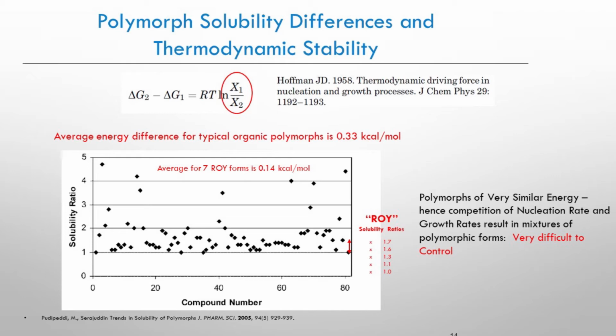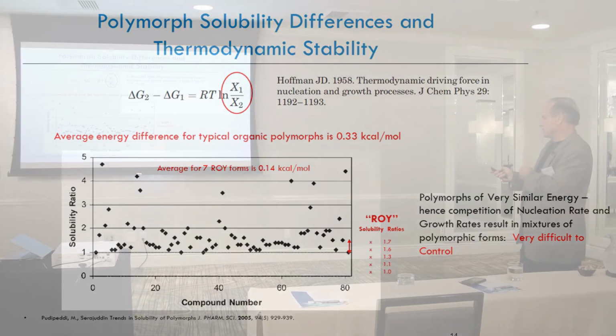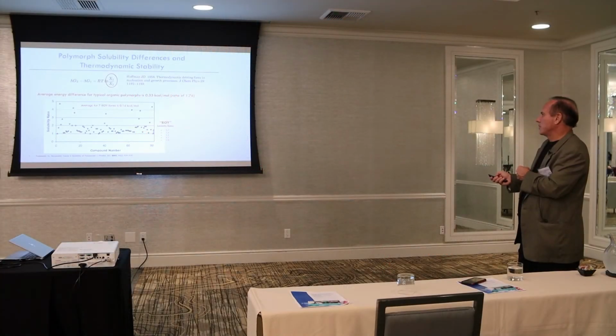So the average polymorphic system, if you calculate based on this number, I converted it into kcal instead of what Leanne had, which was kilojoules per mole. It's 0.33 kcal per mole on average for the difference between these polymorphic pairs. But with the Roy compound, it's actually much tighter and quite a bit lower.